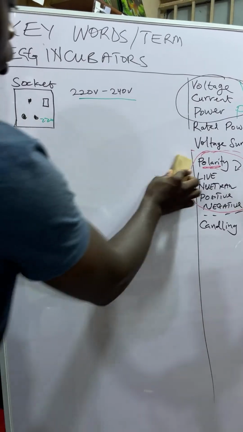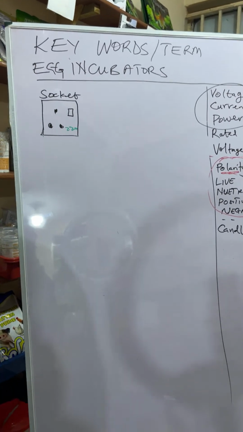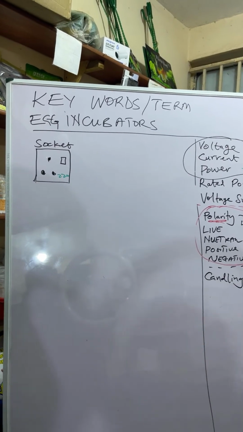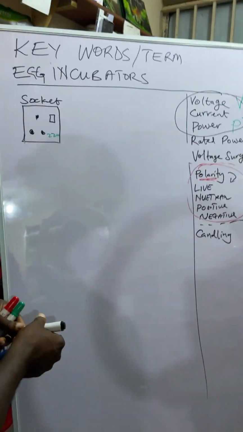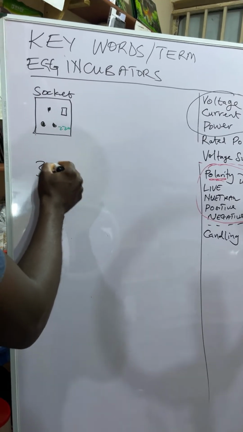Moving forward, someone was saying I should calculate something. The question was: can we do a math of power consumption of a 30 watt heater for 24 hours? So the heater is 30 watts.